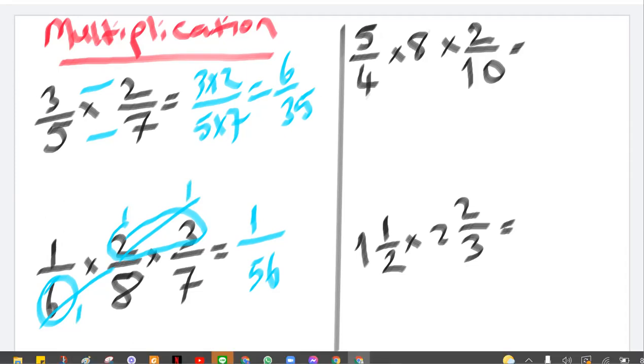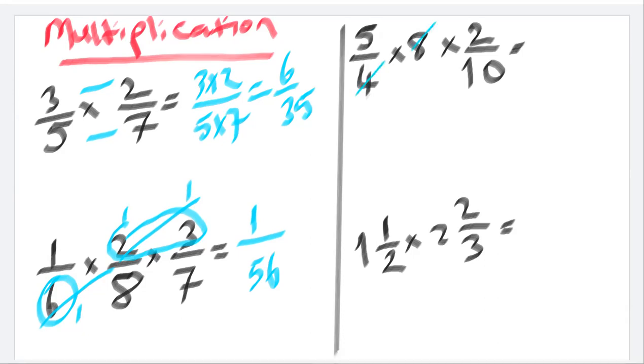Here, let's do the same thing. Again, we can first simplify to make it easy for us. Now 5 times 2 is 10, cancel, so only 2 left. For this kind of fractions, let's first make them proper fractions.